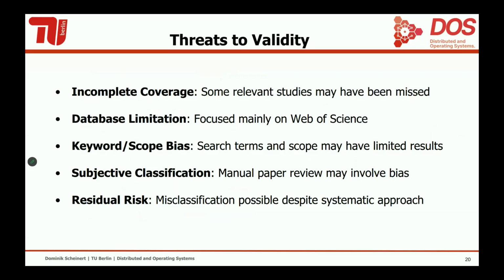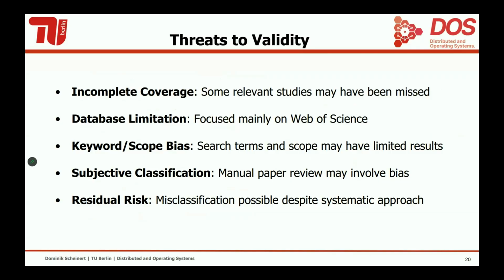Just to briefly talk about these threats to validity: of course, we followed a very structured approach, but it's fair to also discuss certain attack vectors, just to be critical of our own work. It could still be that there has been incomplete coverage, that some of the relevant studies may have been missed.